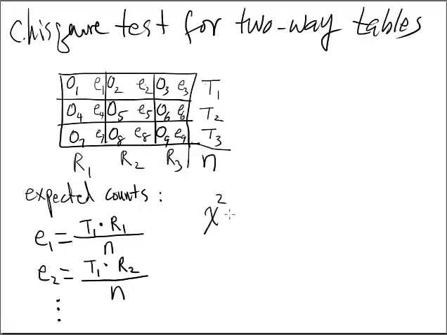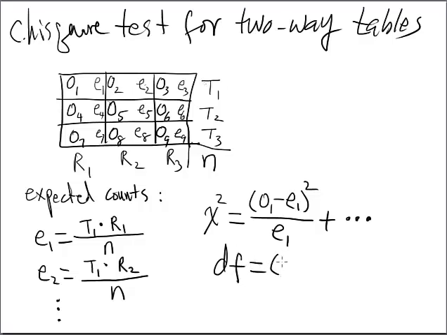Then finally, your chi-square statistic value is O1 minus E1 squared over E1 plus, keep doing that, for all pairs of O and E. Then finally the p-value is calculated as before, but the degree of freedom is the number of rows minus 1 times the number of columns minus 1. Okay, that's the degree of freedom. Then you can use the chi-square table to find the p-value, which is always the right side.